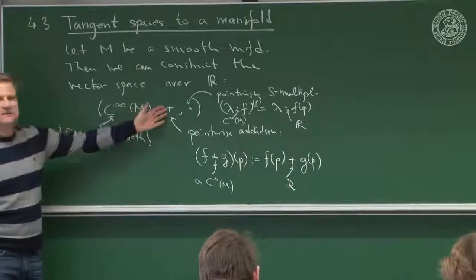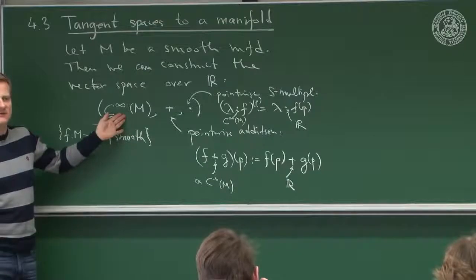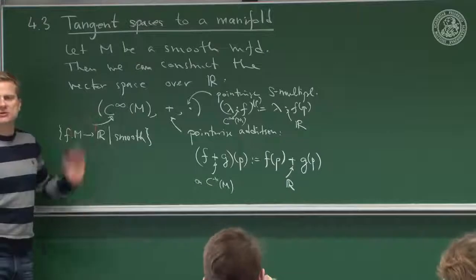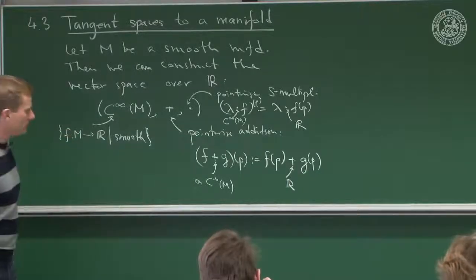It's quickly checked that this is a vector space. You believe that or you check it. It's pretty obvious. And this is an infinite dimensional vector space. But it will play an important role.